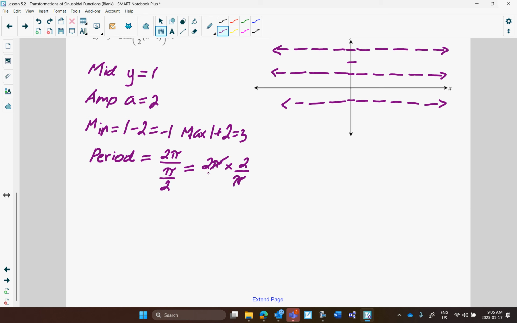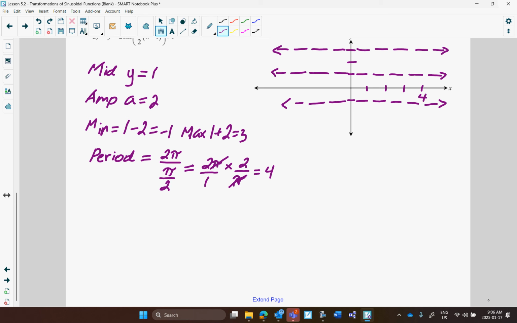The 2 pi is 2 pi over 1, so I can reduce the pi's and be left with 2 times 2, which gives me 4. 1, 2, 3, and this happens to be 4. So pretty straightforward to figure out the other notches.